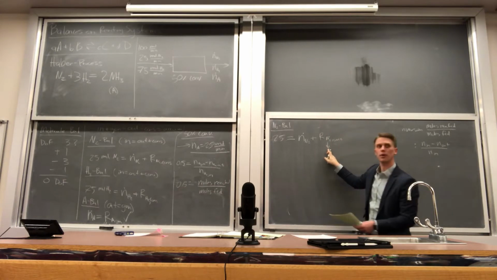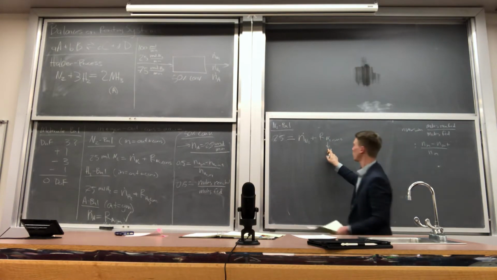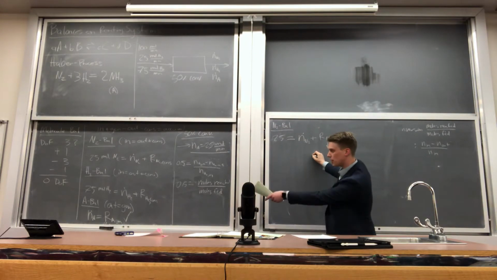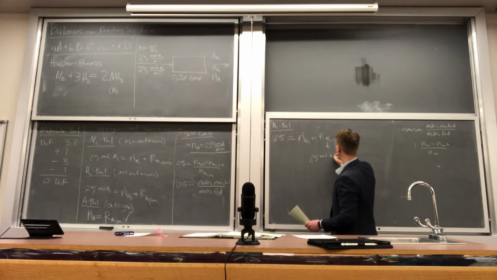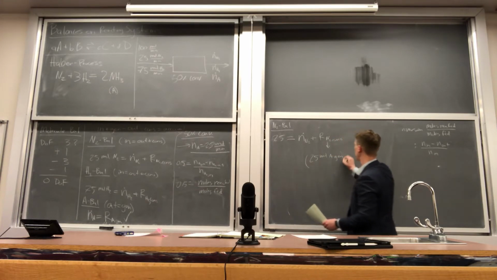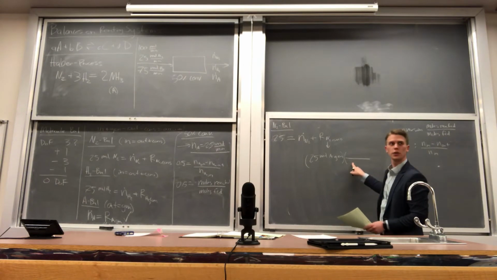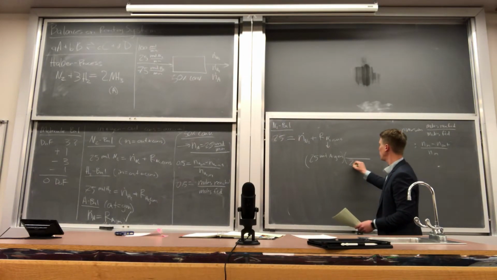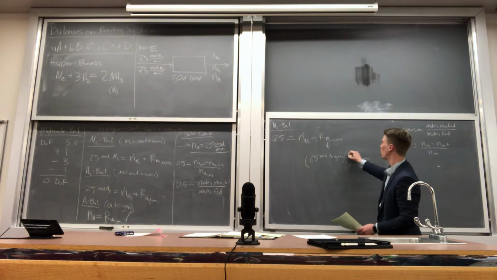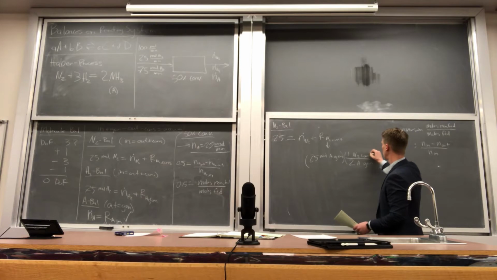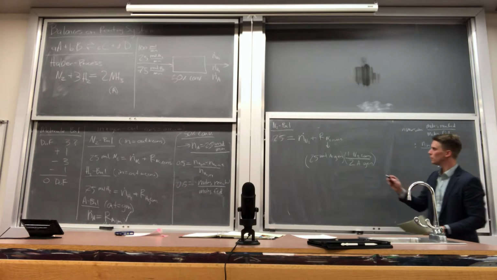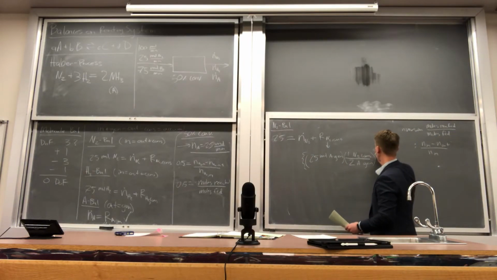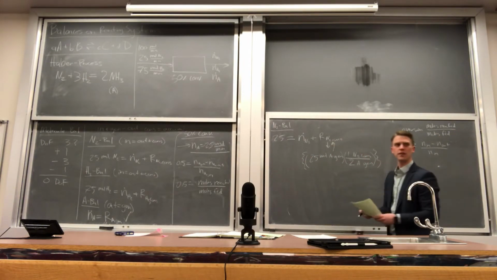Now, I don't really know what this is, but I know in my reaction that my rate of generation of ammonia is 25 moles of ammonia generated, and then I need a conversion factor here. So for every 2 ammonia generated, I am consuming 1 N2. So I take this term here, and that is my rate of nitrogen consumption.